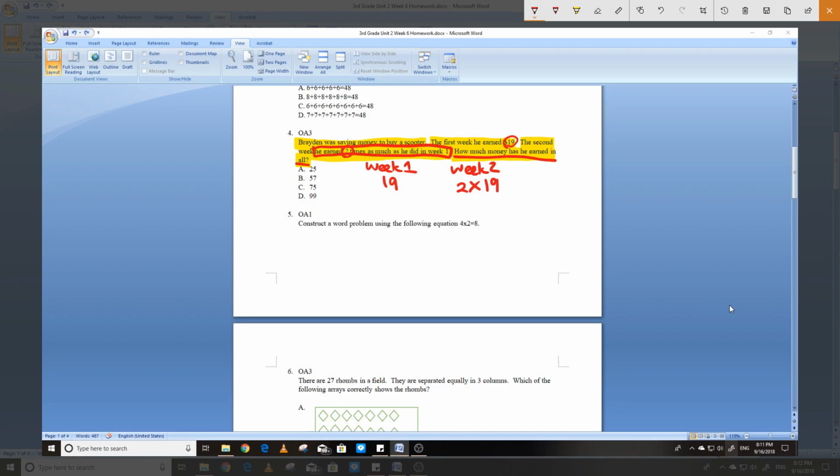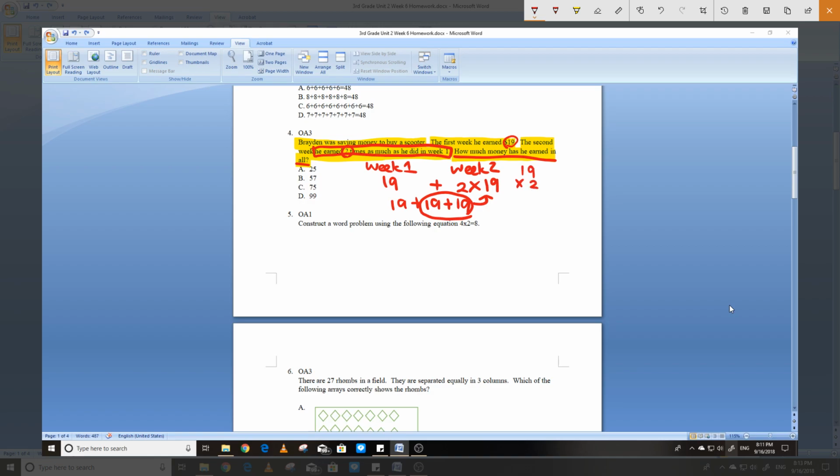Okay, so you can either figure out what 2 times 19 is and then add week 1, or you can also simply just add 19 plus 19 plus 19. Now, why can you do this? This is so because 19 plus 19 is the same as 2 times 19. Okay, so let's work this out.